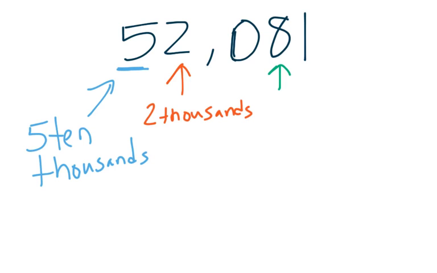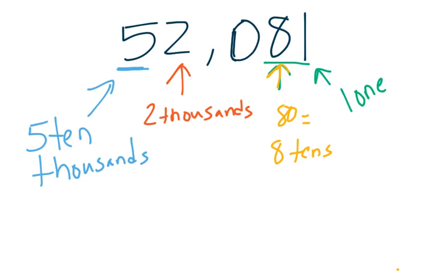Our 8 represents 80, and 80 is equivalent to 8 tens. And then we have our last place, which is our ones place, and we have 1 one. So another way that we could say this number would be 5 10,000s, 2 thousands, 8 tens, 1 one.